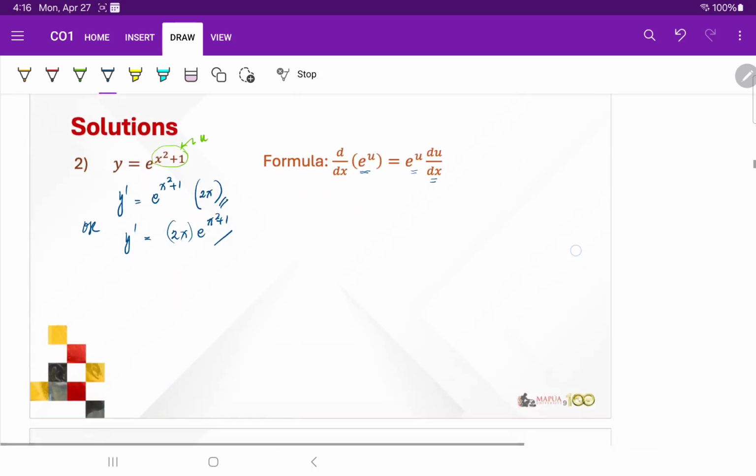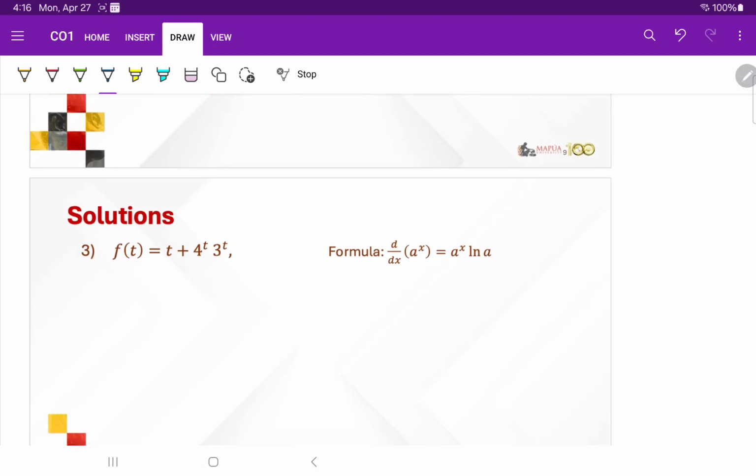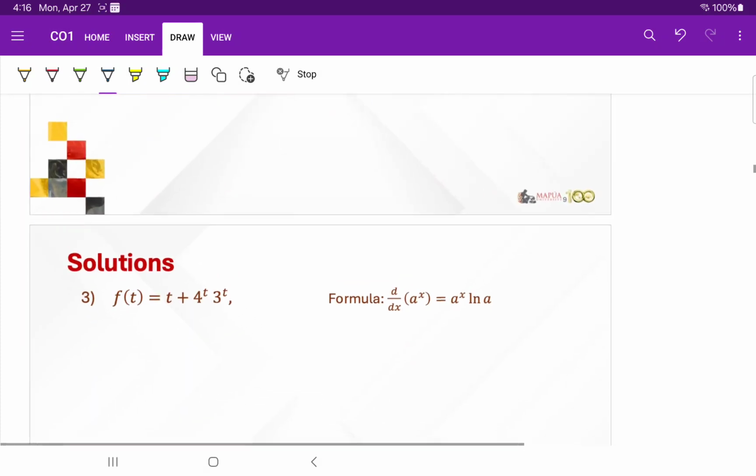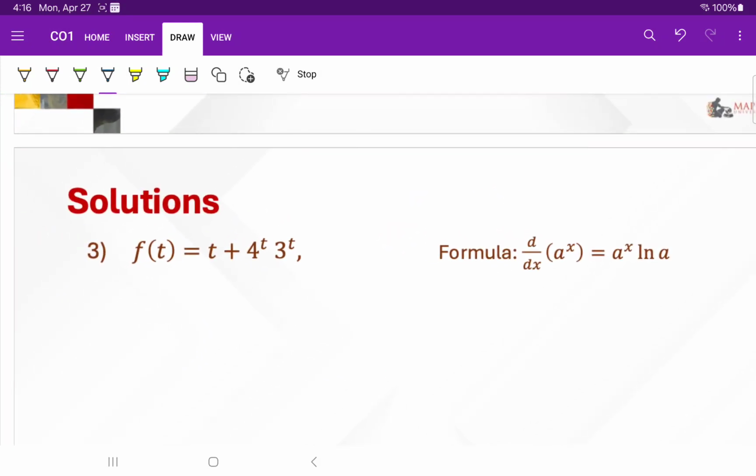Okay, let's have the next one. For the next one, we have here t, so it's f of t. The variables on the right side should be t. So what's the derivative of f of t? What's the derivative of t? It's 1.